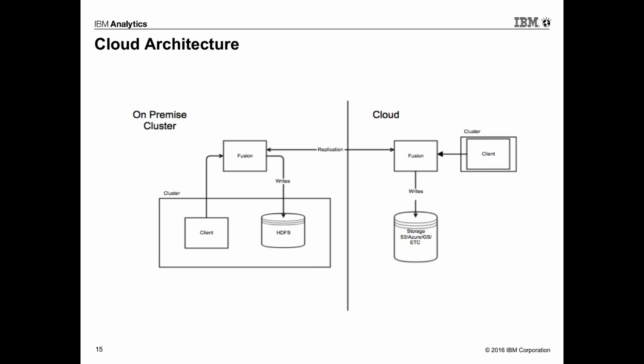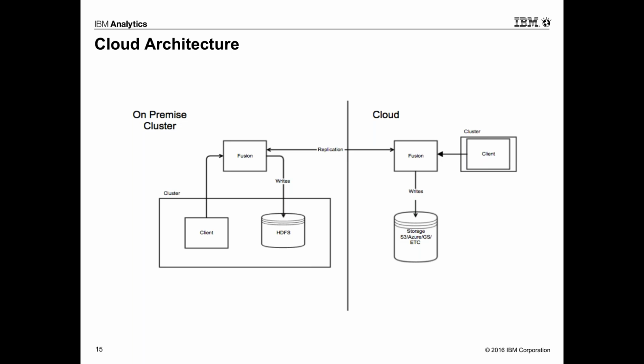Here's essentially the same thing, except one end of the participating clusters is on the cloud rather than on premise, which is very similar. So whether it's on the cloud or on premise, the write request goes to the Fusion server, then it gets coordinated with the other end.